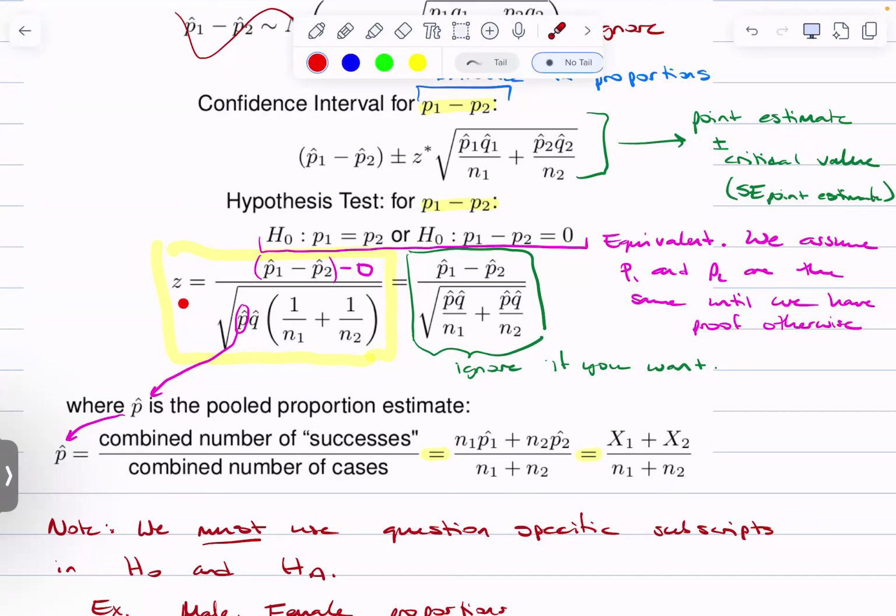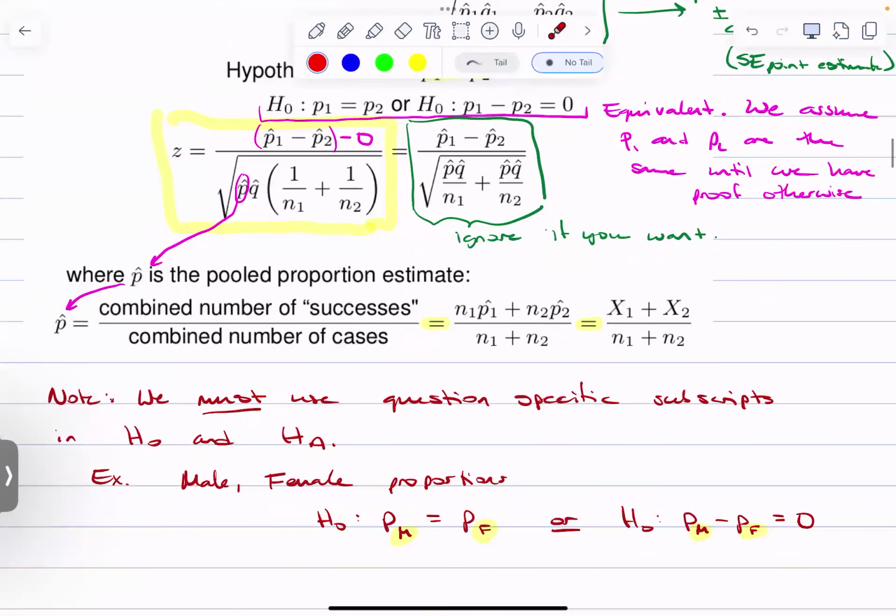But once we have our Z, then you're on easy street, right? Then you can find your one-sided p-value or your two-sided p-value, depending on your alternative hypothesis. And once you have your p-value, your conclusion stays the same, right? And that's why we spent so much time working on those conclusions.